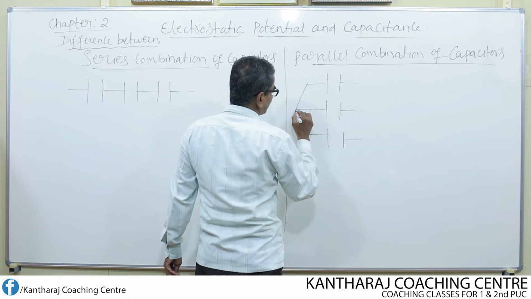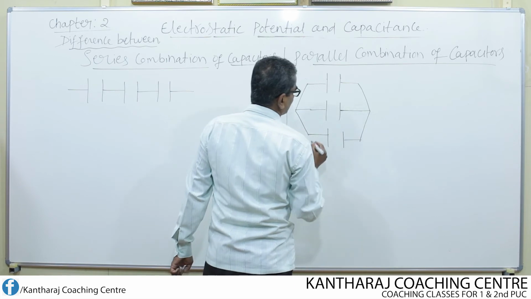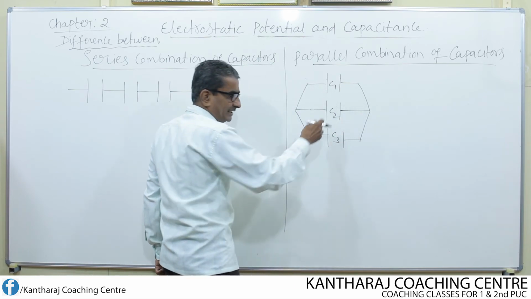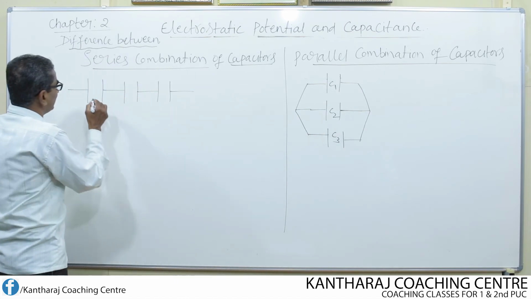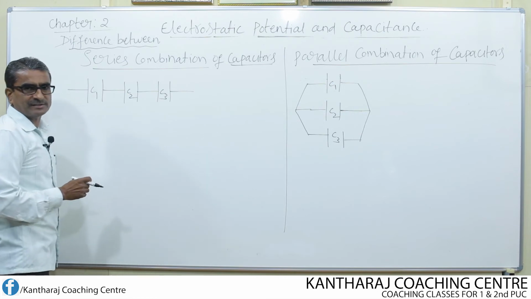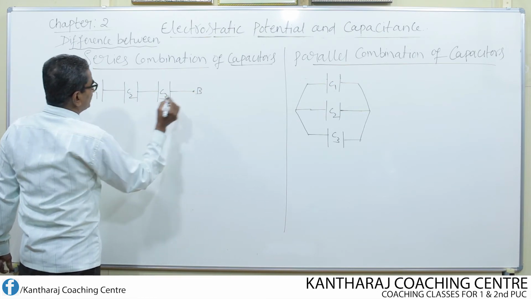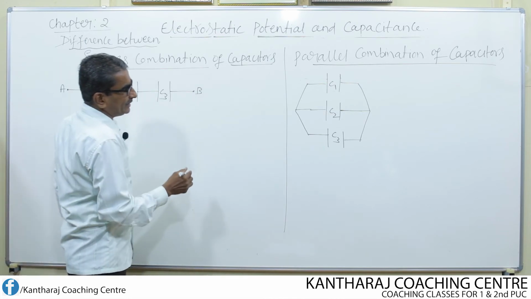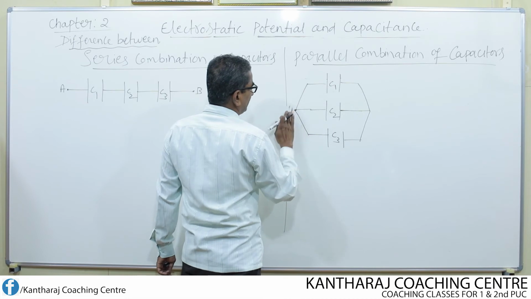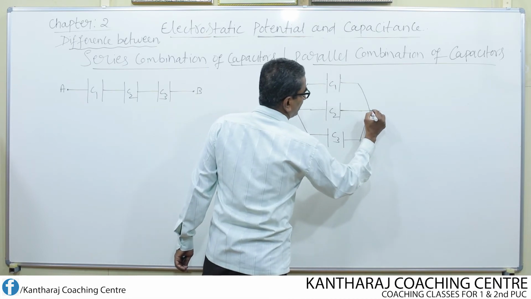What are the differences between these two combinations? Here C1, C2, C3 are the capacitances. The combination is connected between the 2 points A and B. Here also the entire combination is connected between the 2 points A and B.